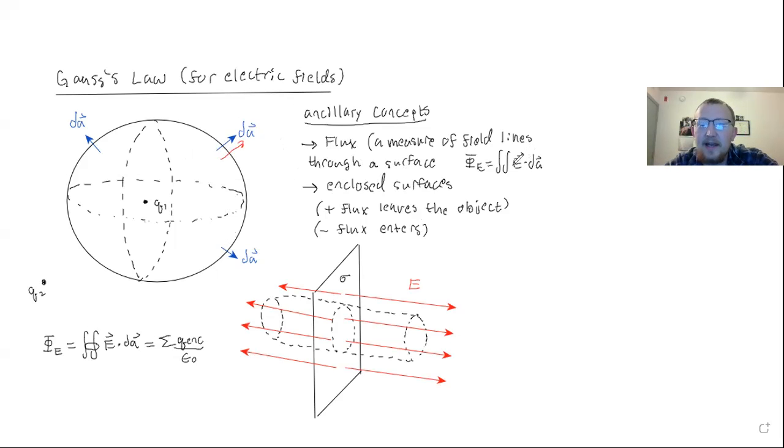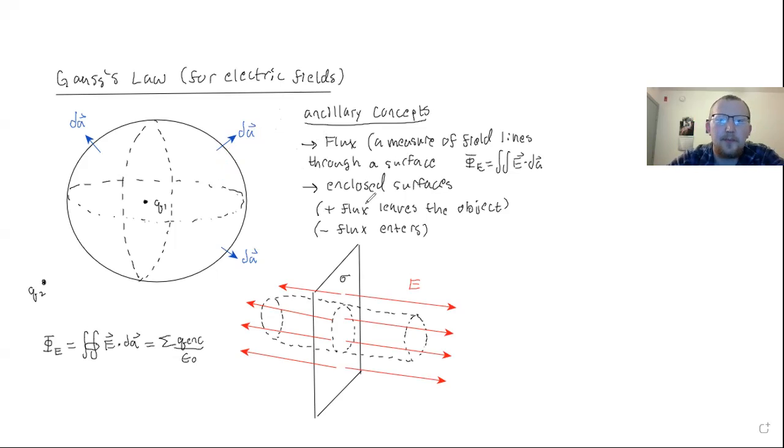Because E dot dA is E cosine theta dA. Cosine of 0 is 1, so that would give us positive flux when the E field is leaving the surface. And when the E field is going into the surface, that would give us negative flux. So positive flux is leaving the object, the enclosed surface, and negative flux is entering.